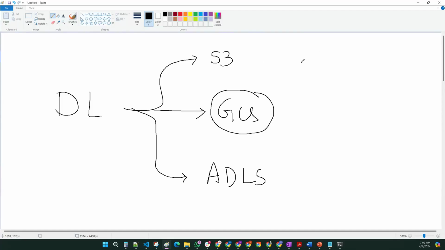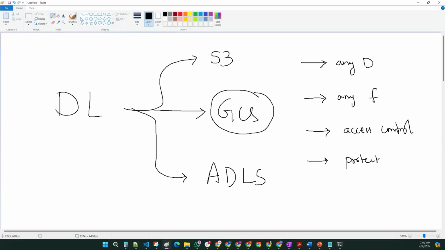In each data lake, you need to have five things actually. Any data you need to store, in any format, and it should allow access control, that is storage management, and it should have protection and encryption.